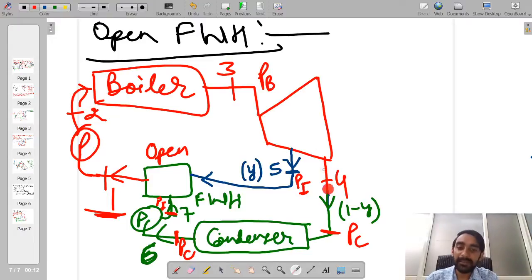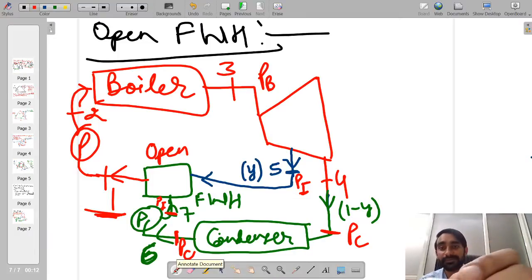So that's why within the condenser and the first stage pump we will be having only 1 minus Y fraction of the steam.